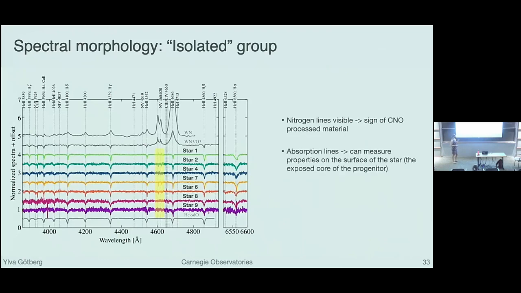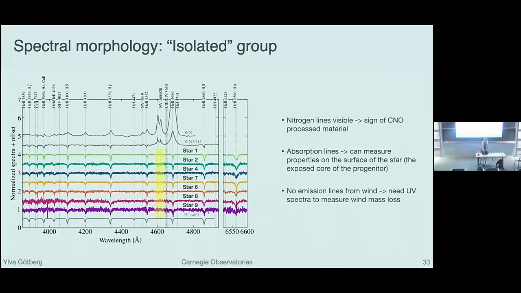There are absorption lines, so you can measure properties of the surface of the star, which means you can see things that used to be the core of the star. There are no emission lines from the wind, though, so we need to go to the ultraviolet to measure wind mass loss. This is going to be important for how the star evolves, whether it interacts again, and what type of supernova it is.